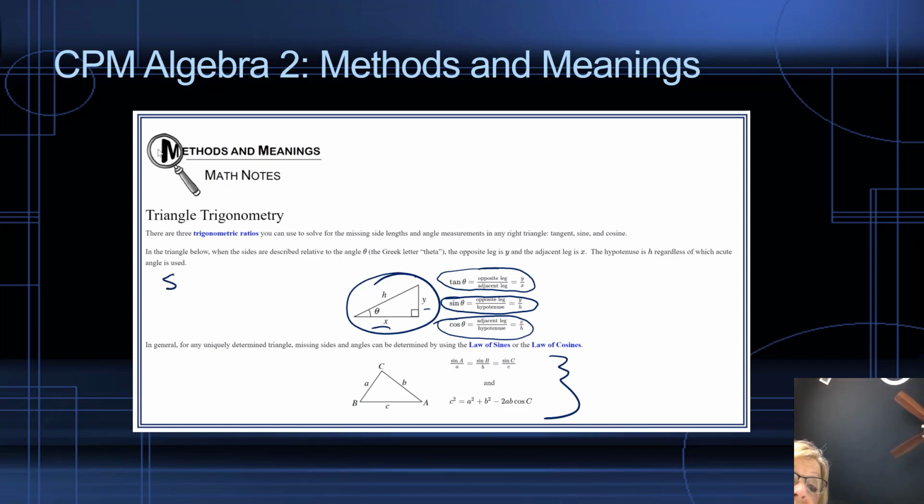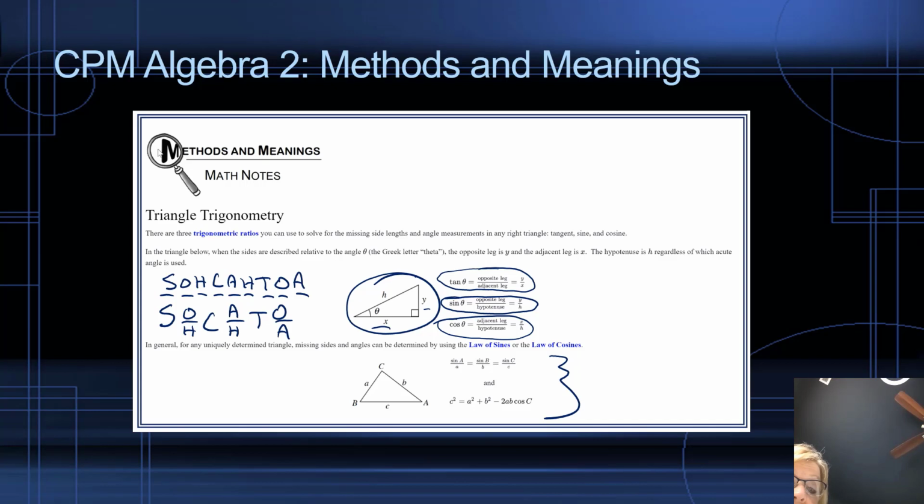There are two ways I like to remember this. SOHCAHTOA, which is sine is opposite over hypotenuse, cosine is adjacent over hypotenuse, and tangent is opposite over adjacent. But I also write it with the ratios, and students tend to like this because it helps them remember that the first thing is the actual trig function and the next two are their ratio.